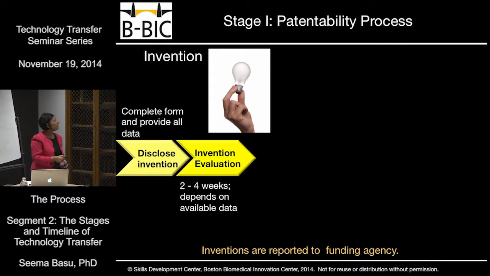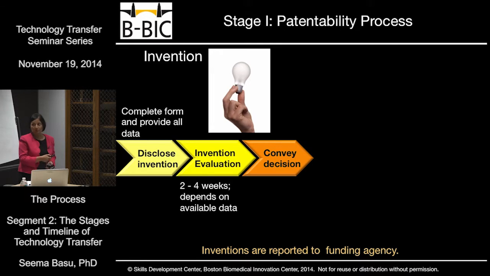Typically, it takes a few weeks, depending on the technology, the complexity and the data available for evaluating the invention. This is the time the Technology Commercialization Office needs to go back and forth with you as the inventor to evaluate the invention in terms of understanding its patentability, or whether it is know-how, or intellectual property that will take the form of a copyright, know-how or a tangible material.